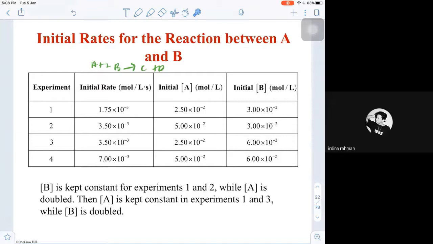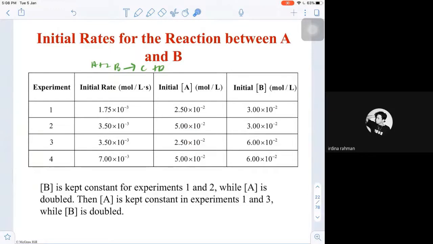Then in the second experiment, they changed the concentration of A to 5 exponent negative 2. Concentration of B remains 3 exponent negative 2. They measured the rate with these concentrations, which is now 3.5 exponent negative 3. In experiment 3, they changed the concentration of A to 2.5 and B to 6 exponent negative 2, and they measured the rate as 3.5 exponent negative 3.